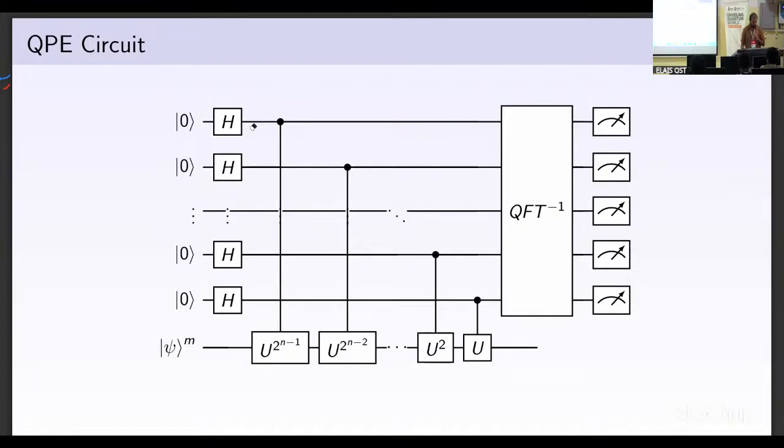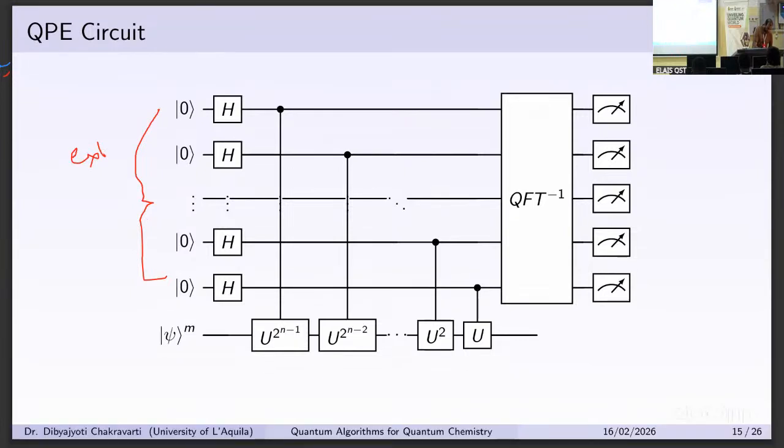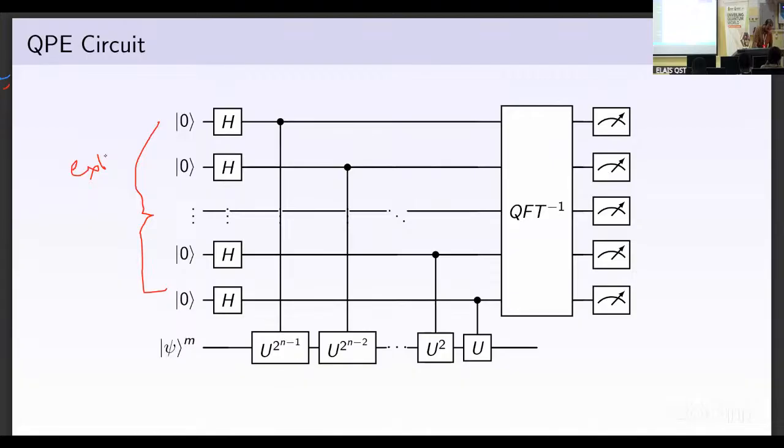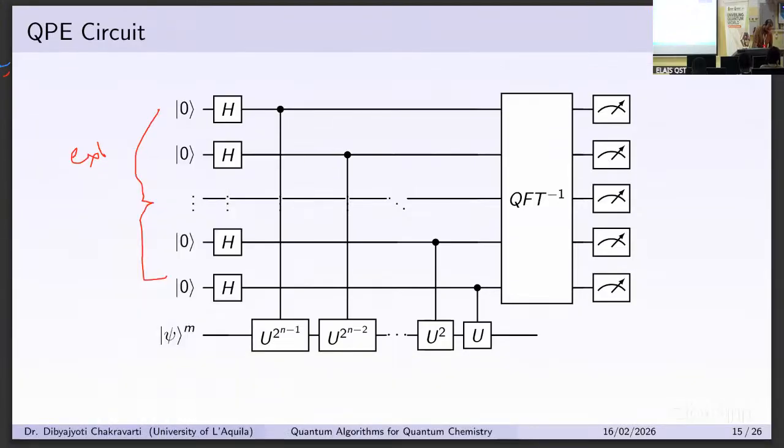So as I said already in the steps of the algorithm, these are the extra qubits that we need for the algorithm to work. Extra or ancilla qubits.